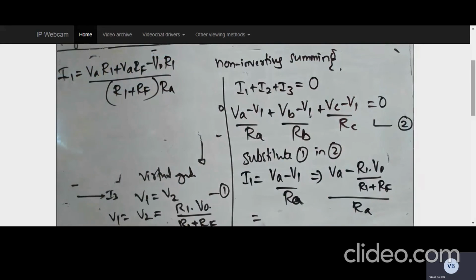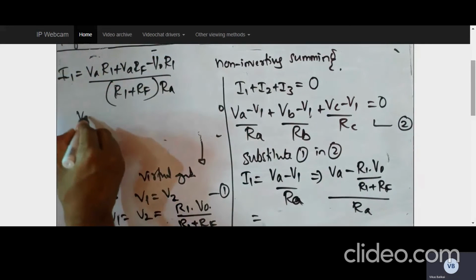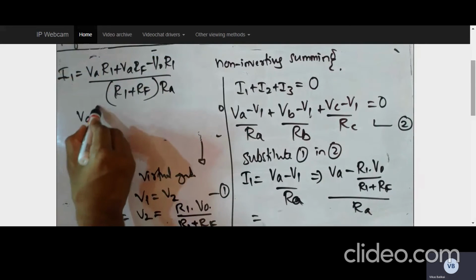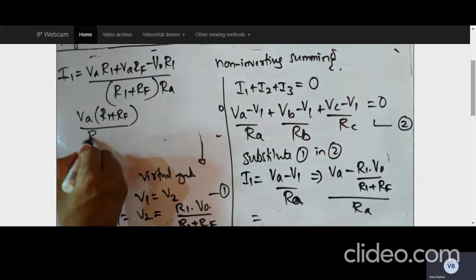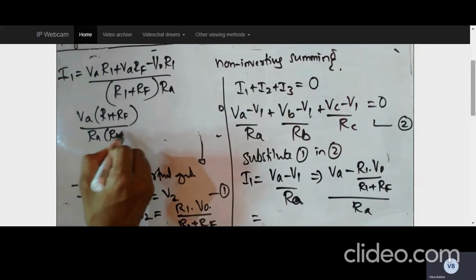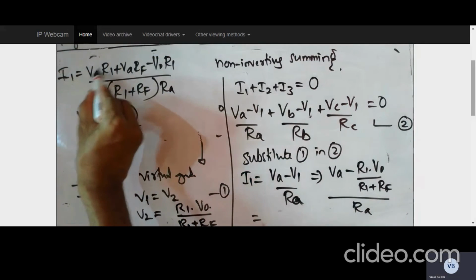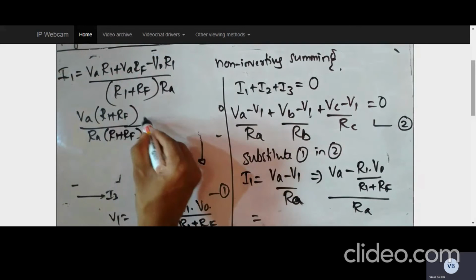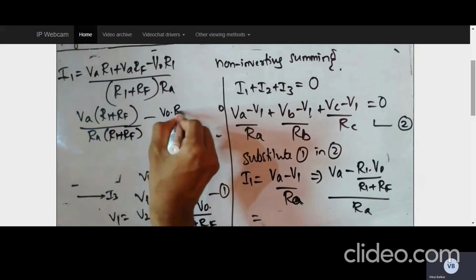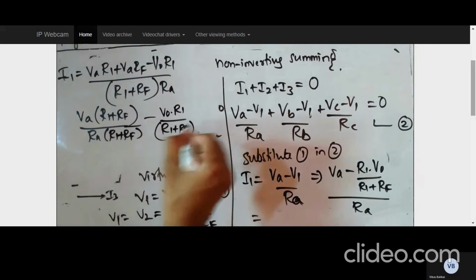Let me do a further simplification. VA times (R1 plus RF) divided by RA, divided by (R1 plus RF). What I'm going to do is take VA out, and bring down the denominator as it is, minus V0 R1 divided by (R1 plus RF) times RA.